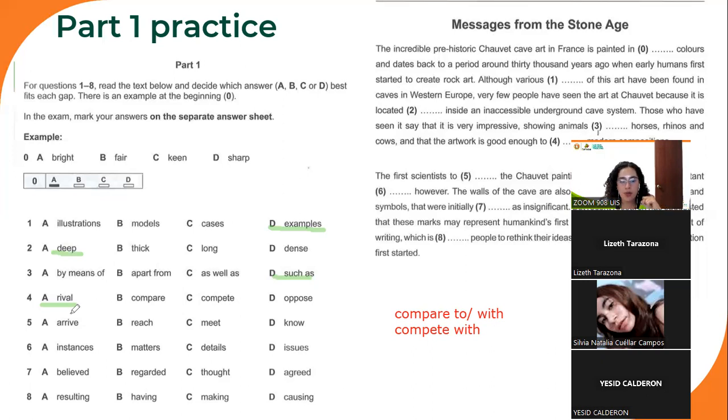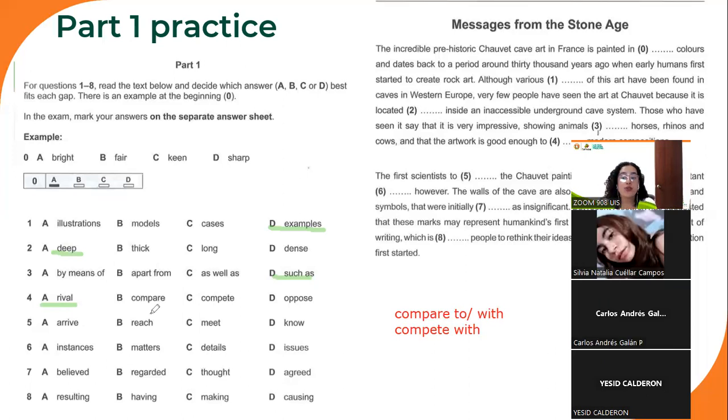So what verb can be appropriate in this context of getting something from a deep cave? To arrive, to reach. Yes, the answer is to reach. So the verb reach indicates that we have some problems or struggles, so you get there for the first time, right? To reach, alcanzar, que alcanzaron las pinturas, que estaban lejos, a lo profundo de las cuevas, so it's to reach, okay?